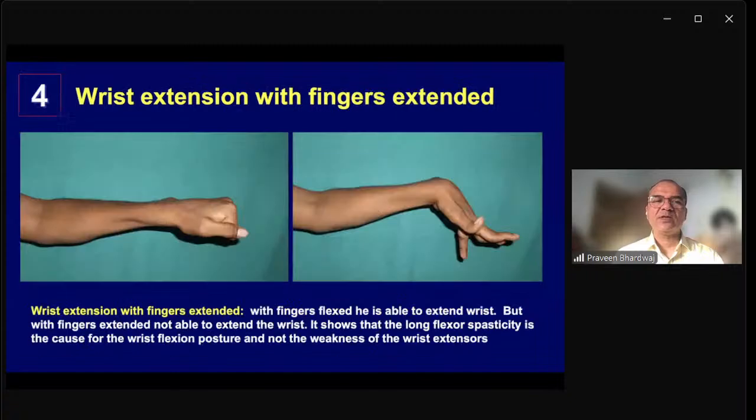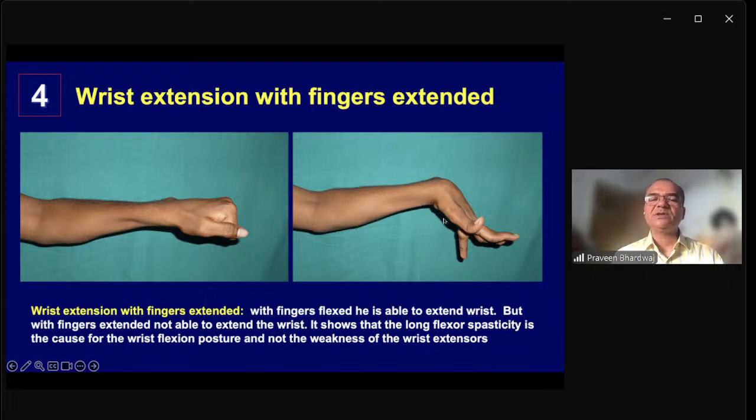The fourth thing is, in the previous examination, we have checked wrist extension with fingers flexed. Now we ask the patient to do a wrist extension with fingers extended. A patient like this, who is able to extend the wrist with fingers flexed, but unable to extend the wrist with fingers extended, indicates that this patient has sufficient power of the wrist extensors, but the long flexors are spastic.